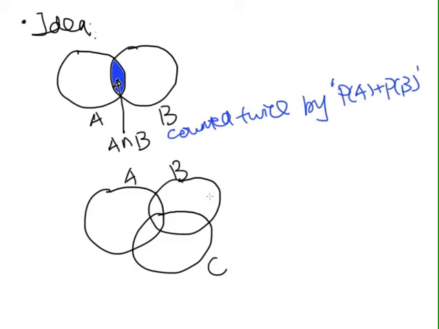So you need to subtract all of them. But then by subtracting all of them, you are actually, this black part is A intersection B intersection C, adding it 3 times and subtracting it 3 times. So you need to add 1 copy back. That's the final part of the formula, adding probability of A intersection B intersection C.